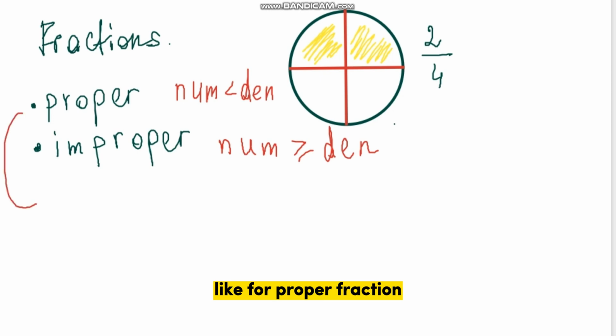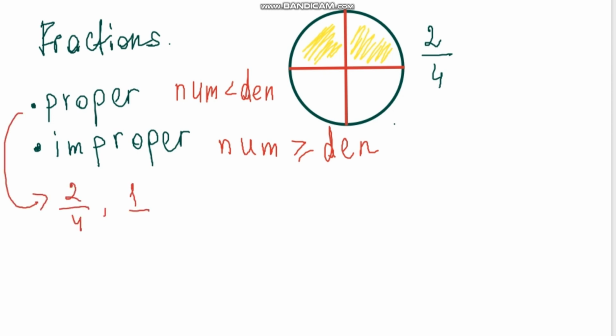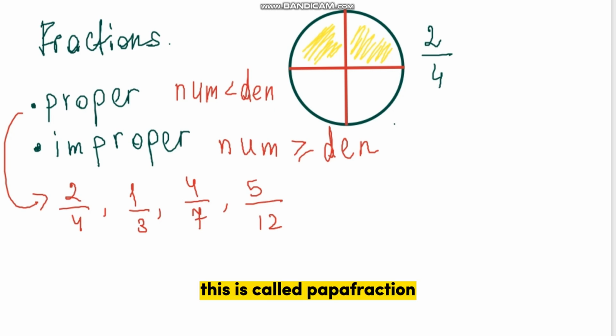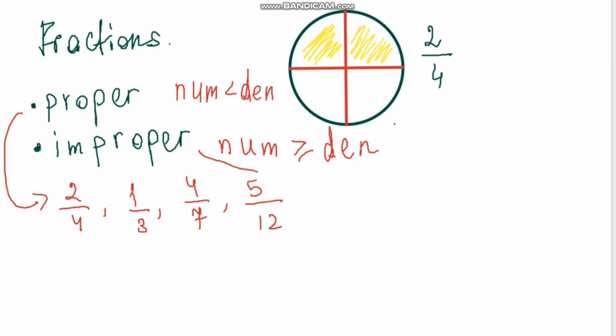Like 2 fourths, 1/3, 4 sevenths, 5 twelfths, and so on. When your numerator is strictly less than the denominator, this is called a proper fraction.